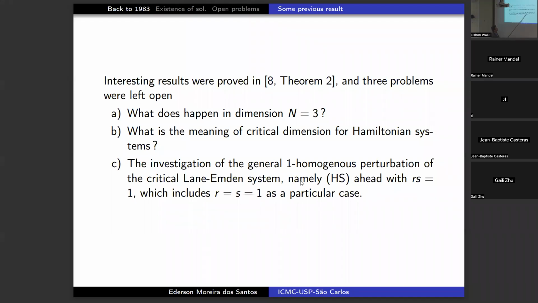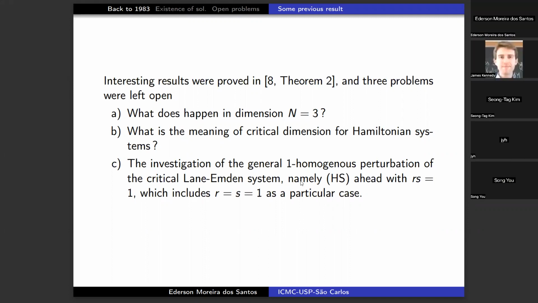Namely, I'm going to present in the next slide a Hamiltonian system where the natural one-homogeneous perturbation corresponds to the case that R times S equals 1, which includes the particular case with R equals S equals 1, that was addressed in the paper by Mitidieri and Hulshof.